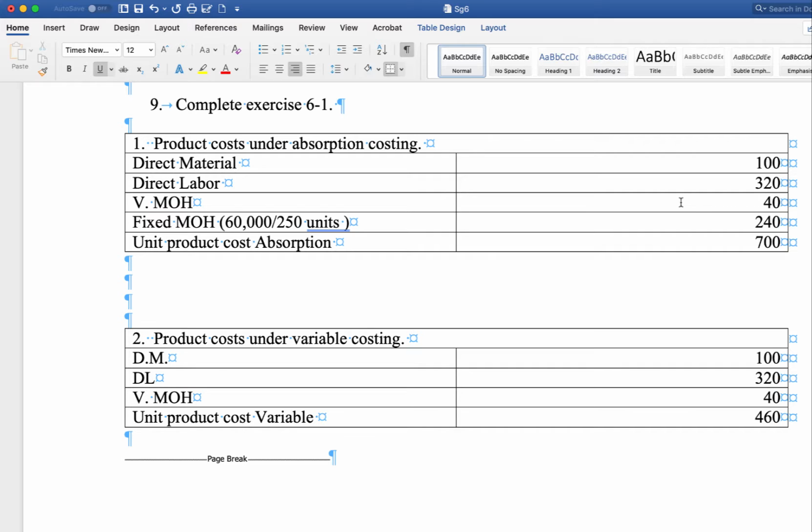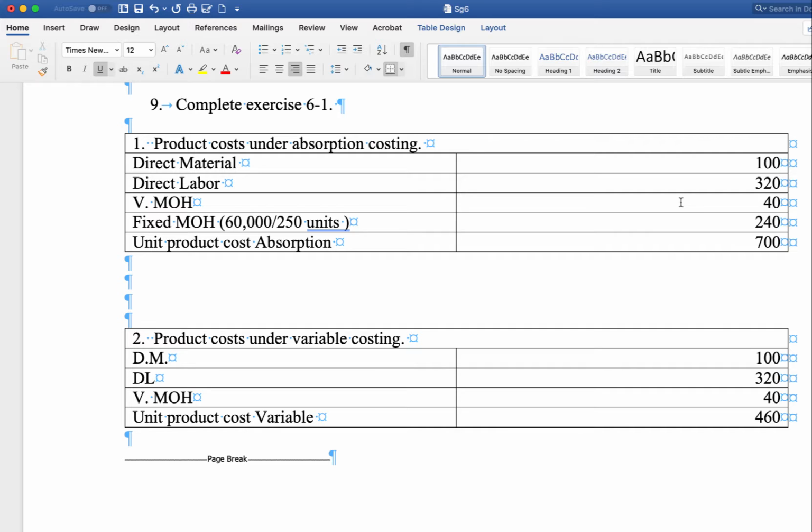Because if you notice in the book, we made 250 units, but we only sold 225. So under the absorption method, we need to allocate that fixed portion to all the units that we produced. Under the absorption method, we have a unit product cost of $700.